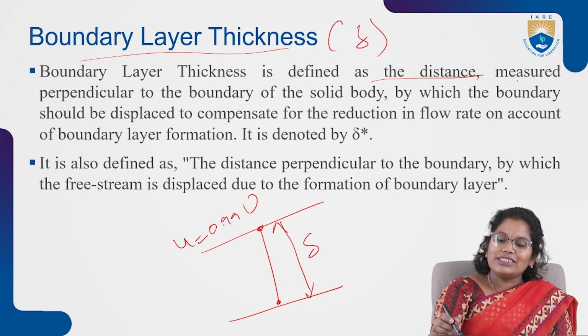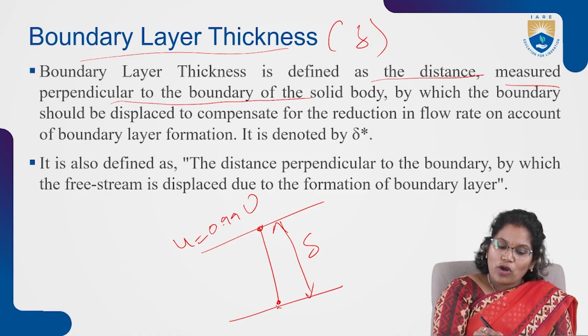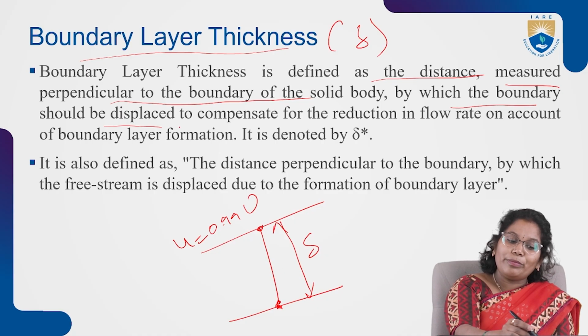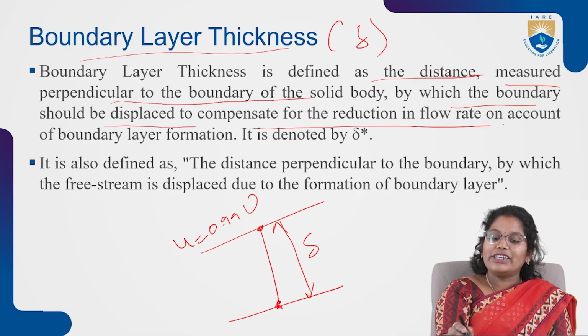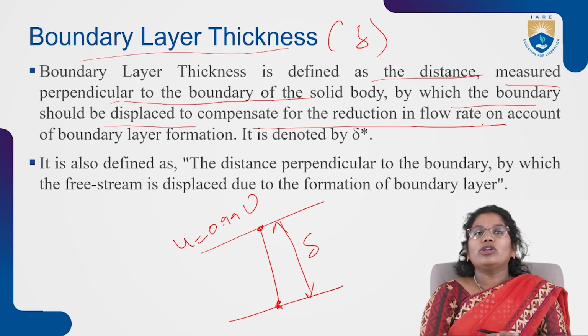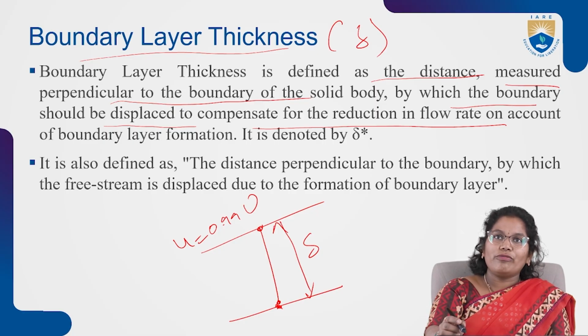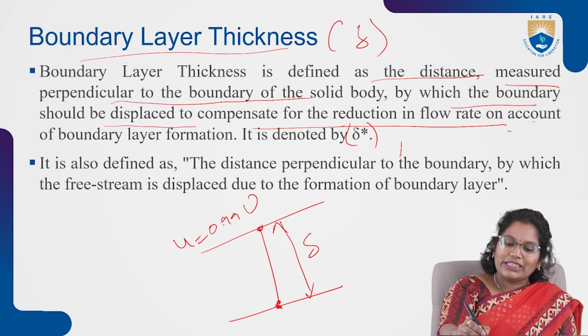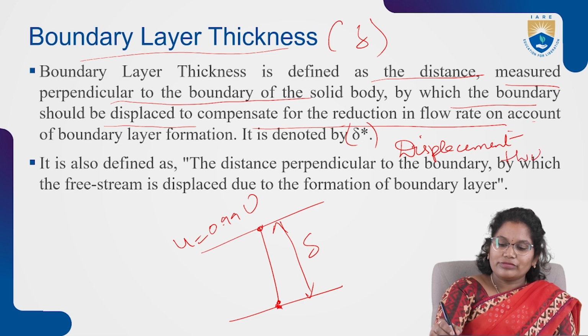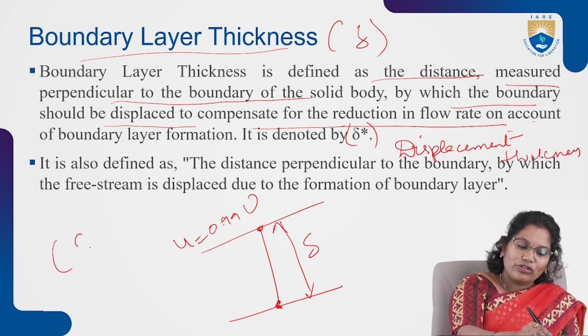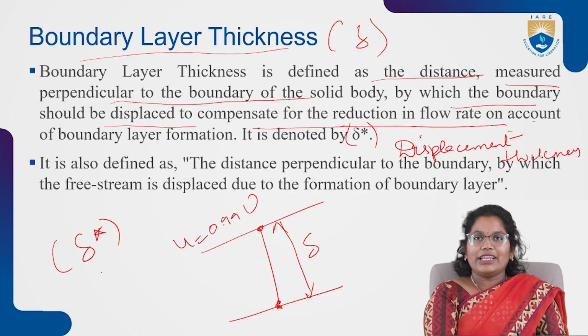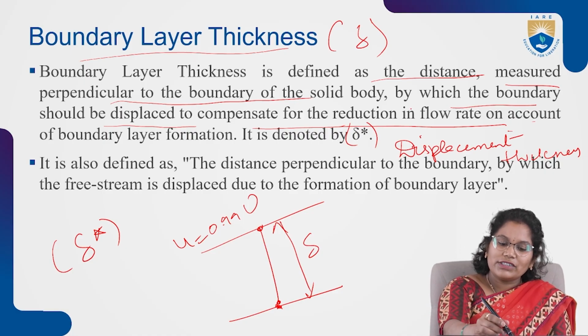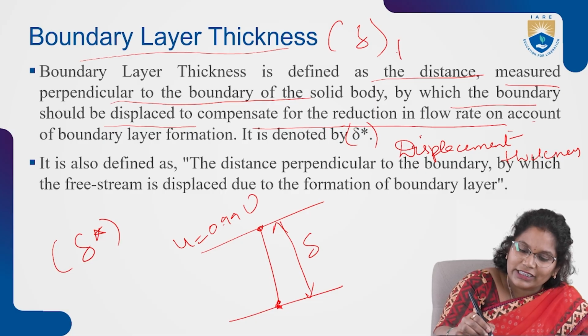So the distance measured perpendicular to the boundary of the solid body, by which the boundary should be displaced to compensate for the reduction in flow rate on account of boundary layer formation, yes. This is what the displacement thickness is. It is denoted by delta star, right? So this definition is for displacement thickness.